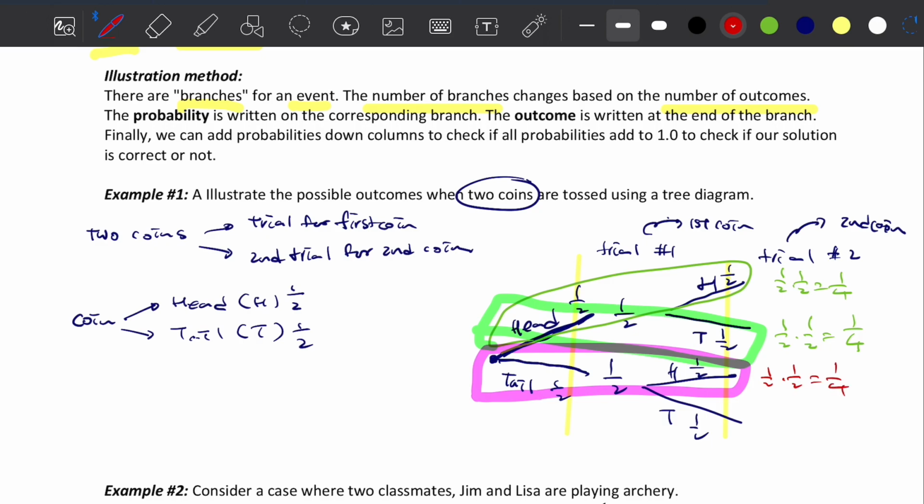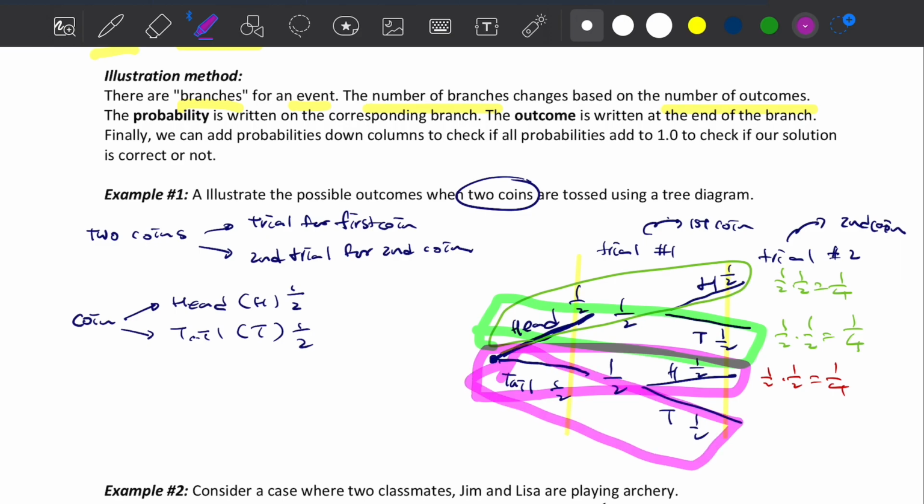Lastly, tail for the first coin and tail for the second coin: again 1/2 times 1/2, so 1/4.